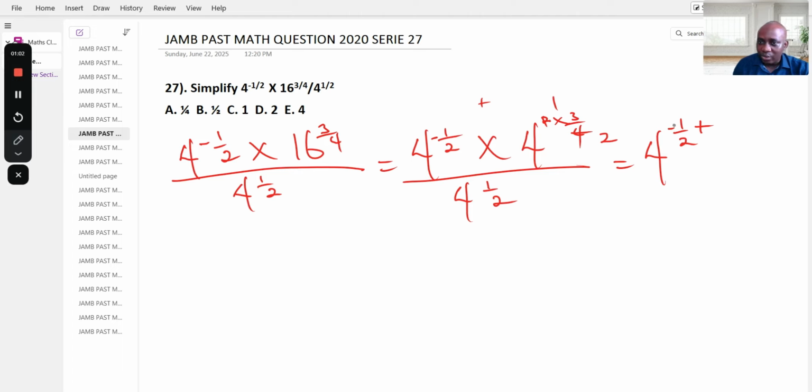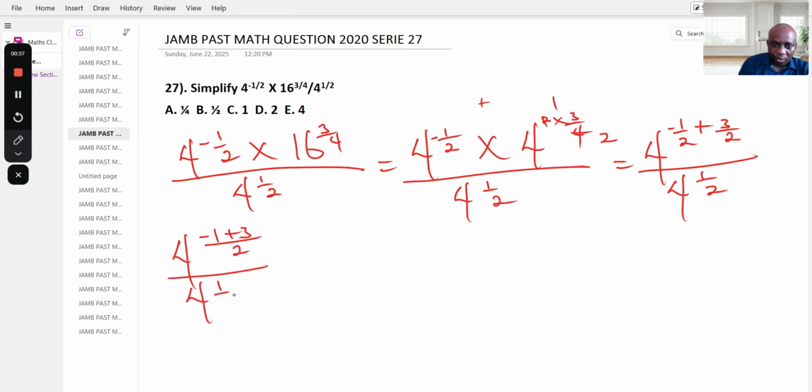So we have 3 over 2 left here, over 4 to the power 1 over 2. Therefore, the LCM of 2 and 2 is 2. Let me start from here again. We're going to have minus 1 plus 3 over 2, over 4 to the power 1 over 2.